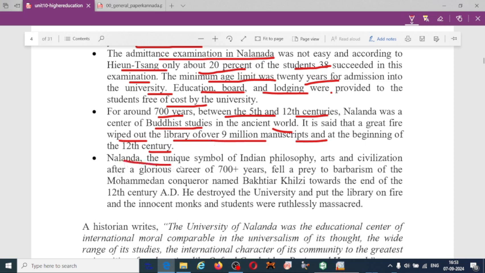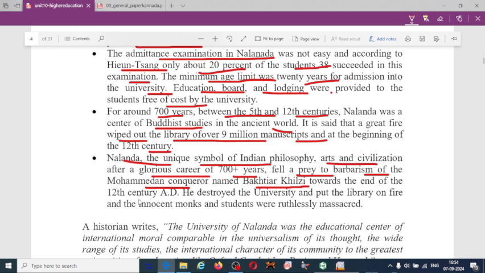So Nalanda, the unique symbol of Indian philosophy, arts, and civilization, after a glorious career of 700 years, fell prey to the barbarism of the Muhammadan conqueror named Bakhtiyar Khilji.